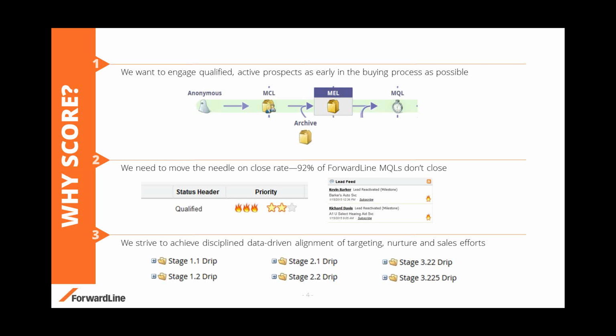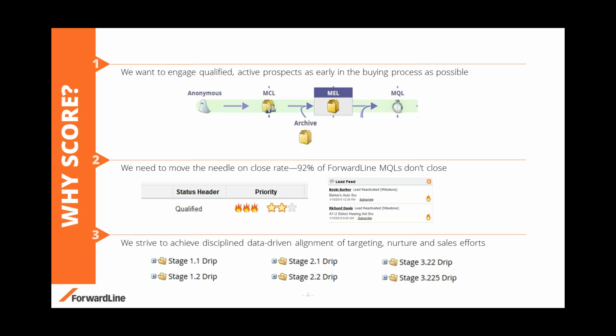This is your typical marketing captured lead transition into a marketing qualified lead. So we created this marketing engaged lead, a status in the middle of it that is measured specifically on demographic and behavioral scoring, particularly behavioral scoring, and triggered additional communications and customer touch points based upon meeting that threshold.